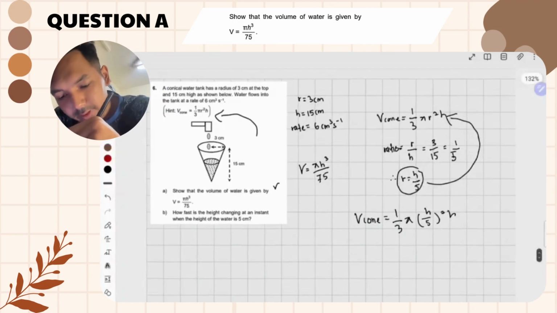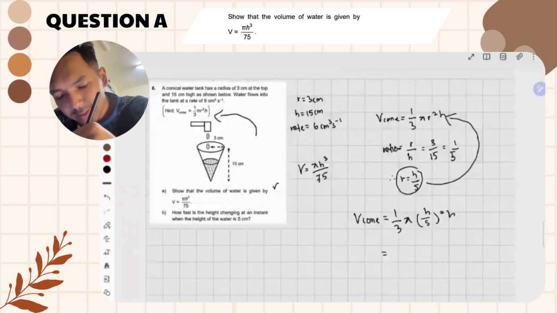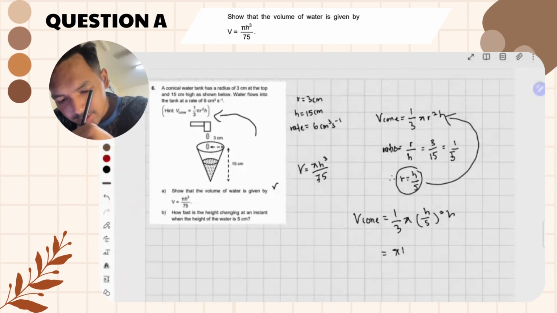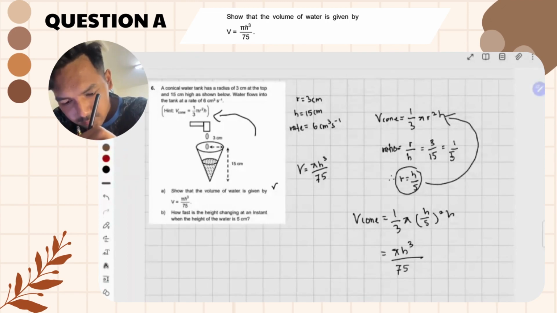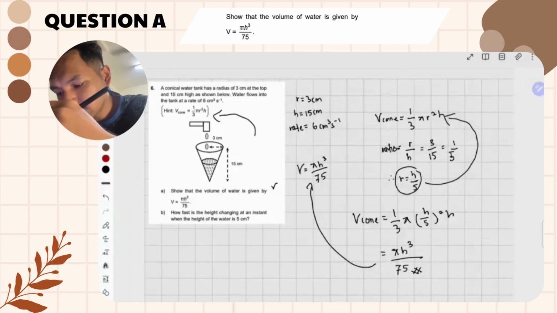Then we simplify, we expand, and doing all of that, we will get pi h³ over 75. So it is proven, as wanted in the question.